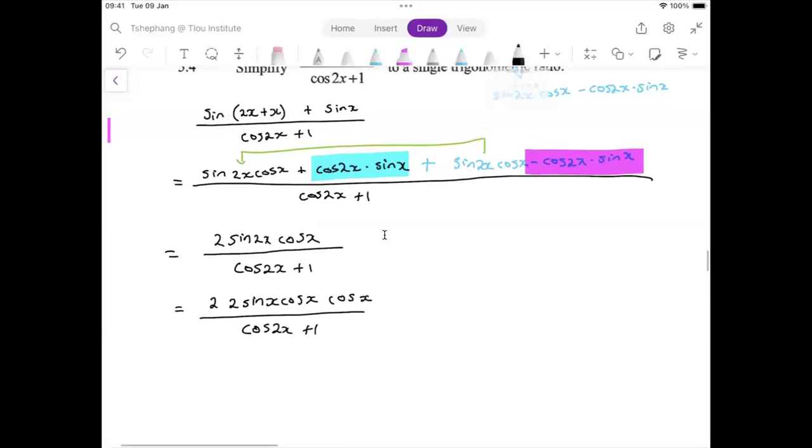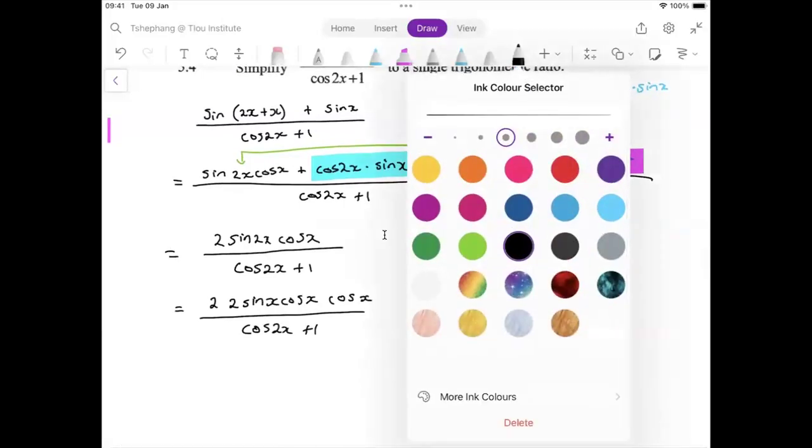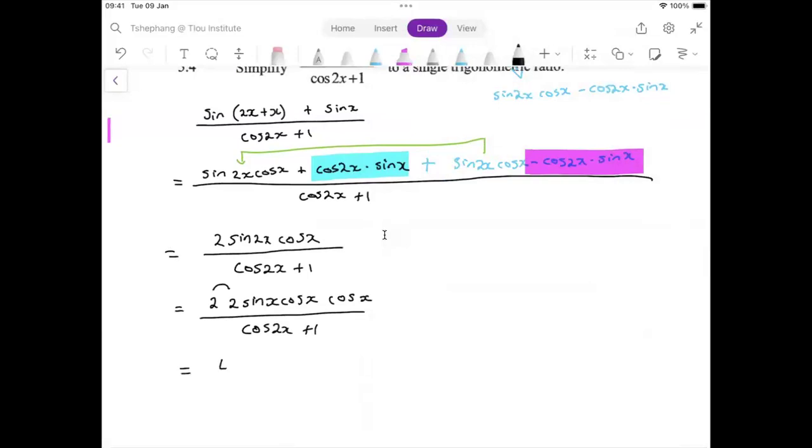Now what we can do is multiply these twos together so that we have 4. Then I'm still going to have sine x and cos squared x. Now down here, I want to change this to become 2 cos squared x minus 1, and then there's a plus 1.